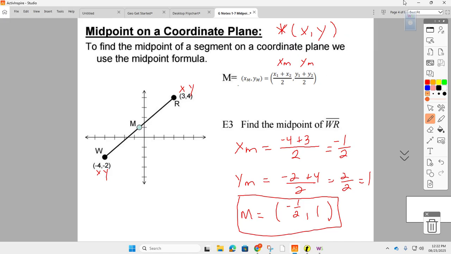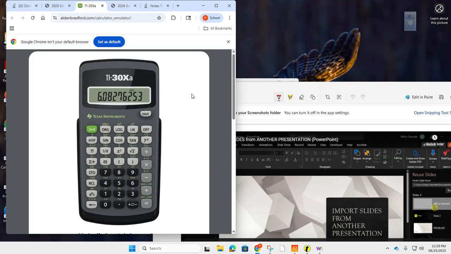So if you're a little uncomfortable with the fraction button on your calculator, as long as you know how to work it, and honestly, I messed it up in second period today because I was trying to use the ABC button too early. But if we do, what was our -4 plus 3? -4 plus 3, close that parentheses, divide by 2, equals, it's going to give us a decimal.